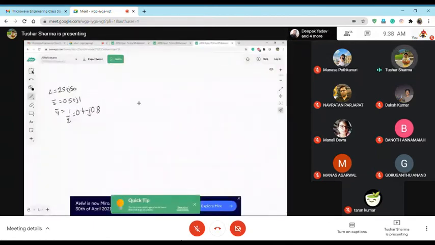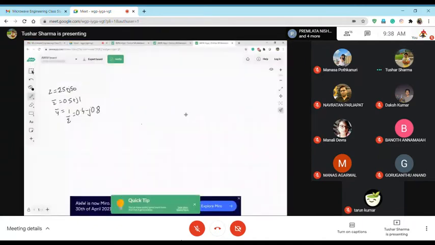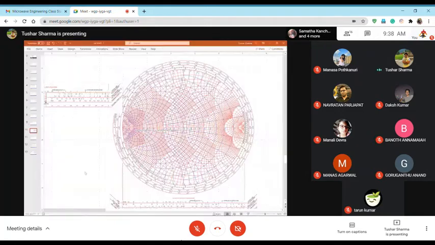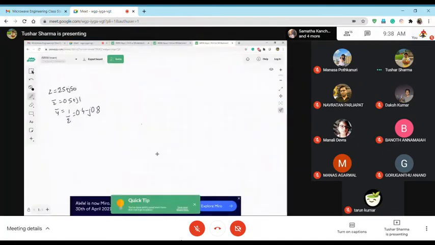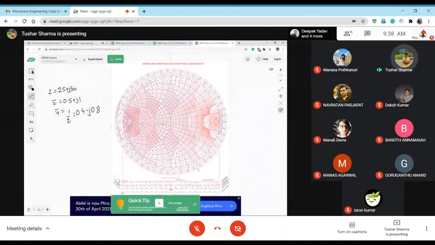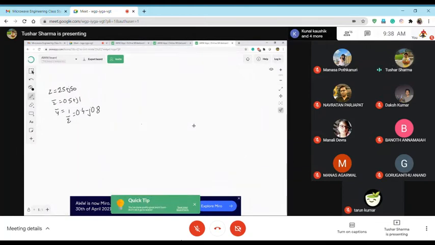And then try to follow the Y Smith chart. If you have a Smith chart, try to look for the Y circles, which are the blue ones, and find where 0.4 is.